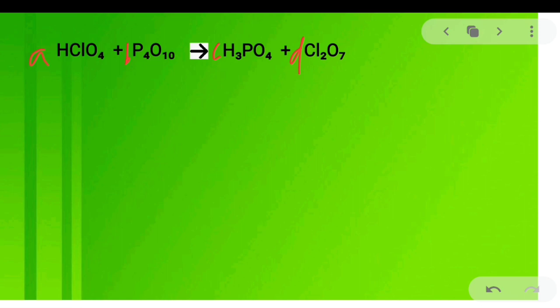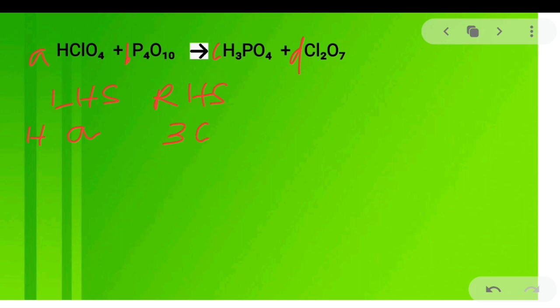I have taken A for HClO4, B for P4O10, C for H3PO4 and D for Cl2O7. Now let us write the number of atoms present on both sides. So first I have written LHS. On the LHS, the number of hydrogen atoms is A. For the RHS, the hydrogen atoms are 3C.